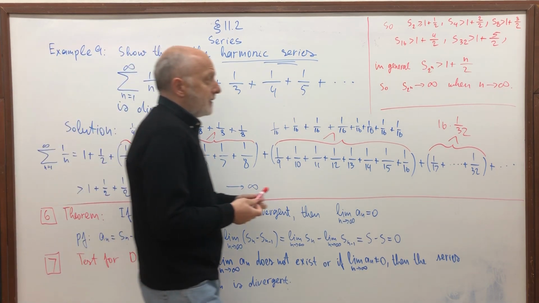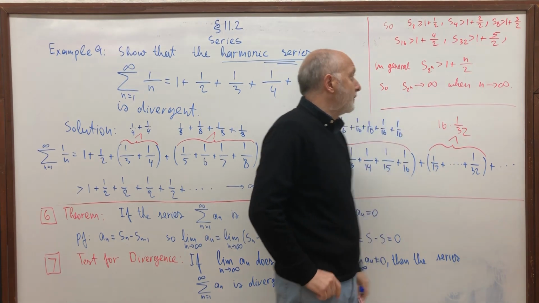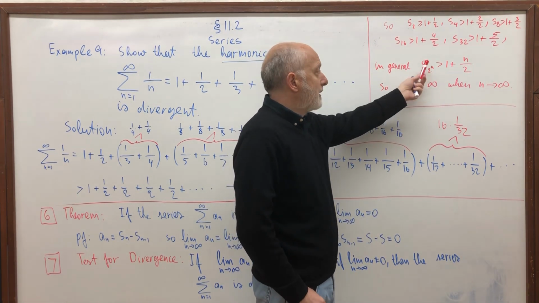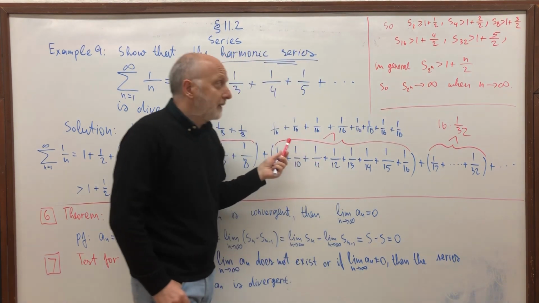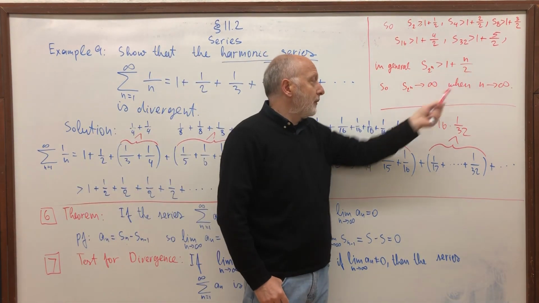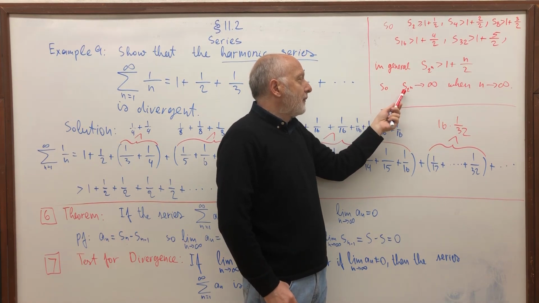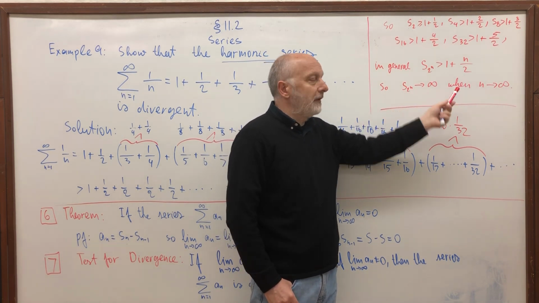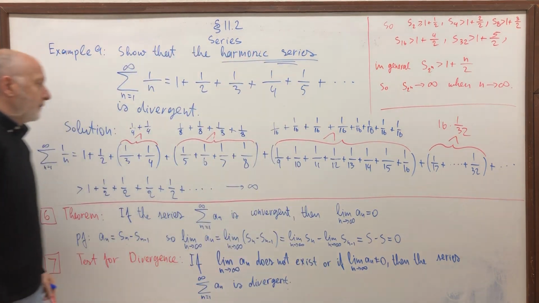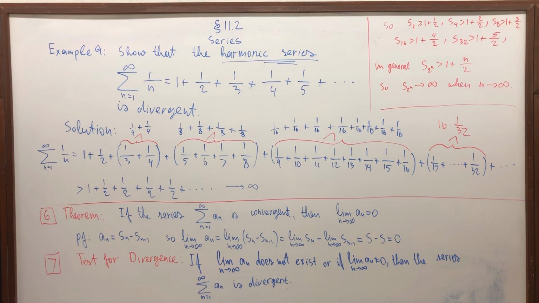Suppose S32, the partial sum of the first 32 terms, is more than 1 plus 5 over 2. In general, you're going to have that the partial sum of 2 to the n terms of this harmonic series is more than 1 plus n over 2. The partial sums of 2 to the n terms of the harmonic series go to infinity, which proves that the harmonic series diverges. Its limit goes to infinity.